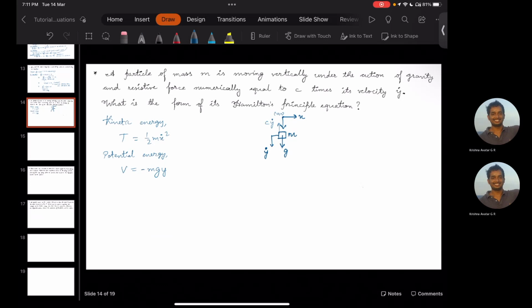Okay. Now the resistive force is minus c y dot, isn't it?